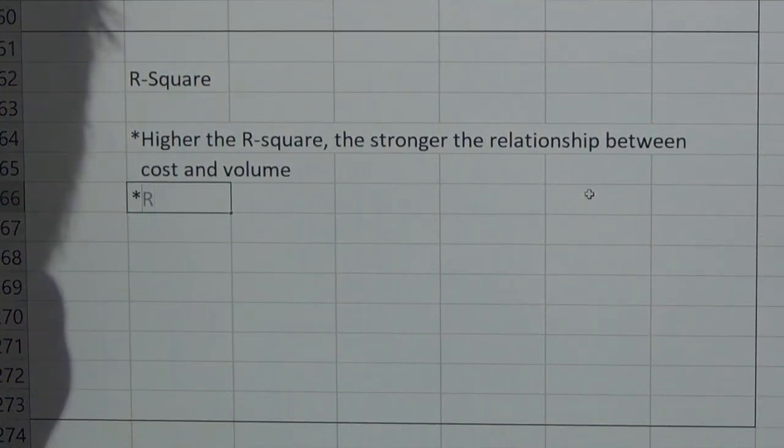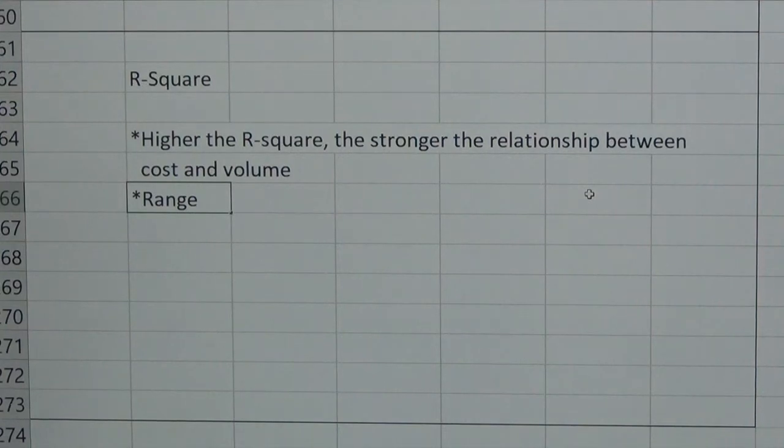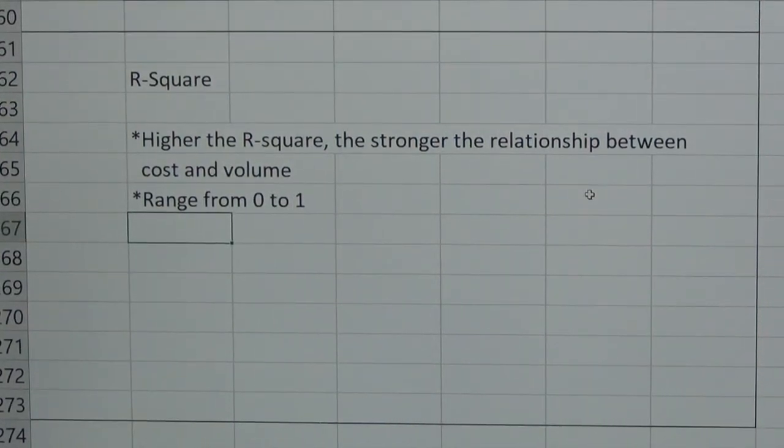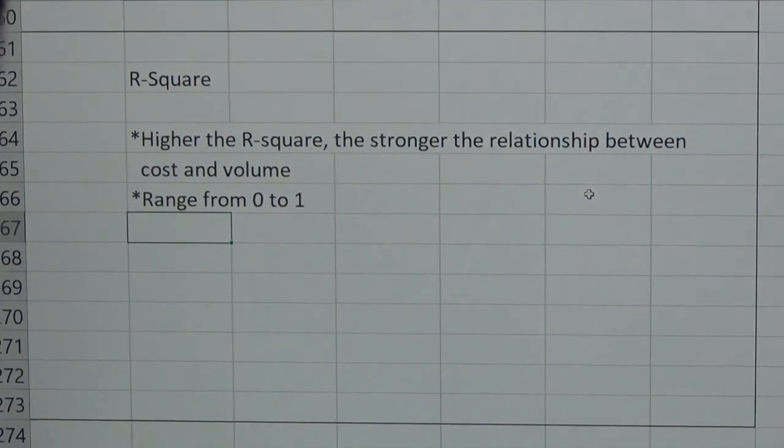The R-square ranges from 0 to 1. So think of it in terms of a percentage. 0 would be very, very weak, there's no relationship at all. 1 would be 100%, so there'd be the strongest correlation.